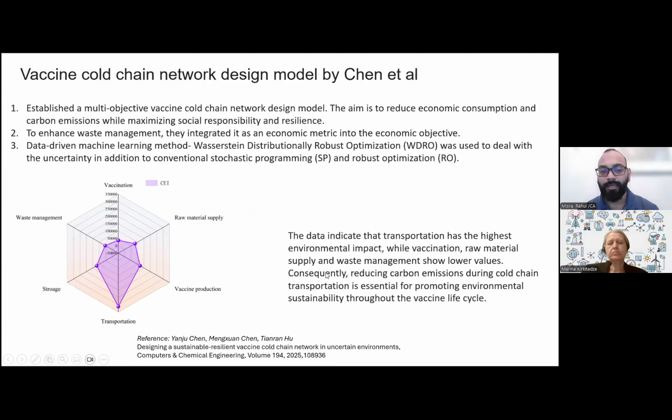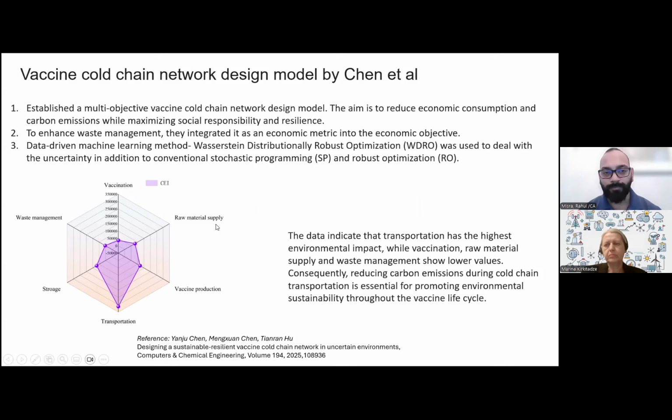Consequently, reducing carbon emission during cold chain transportation is essential for promoting environmental sustainability throughout the vaccine life cycle. So if they can efficiently manage the transportation, the whole cycle would have less carbon emission.